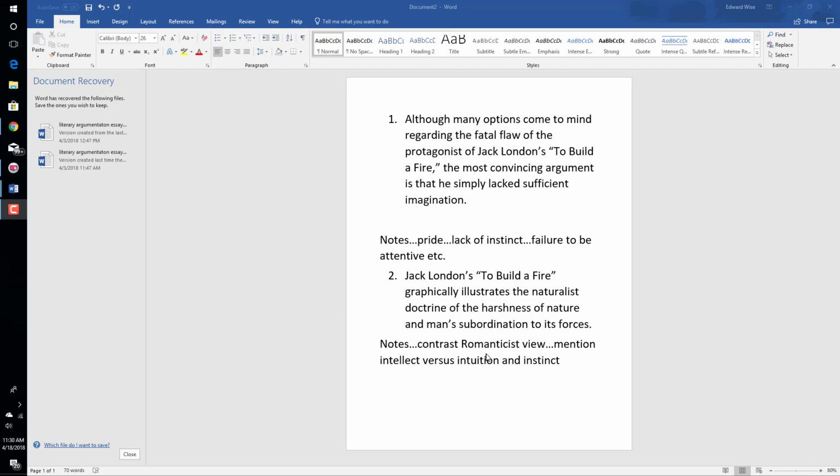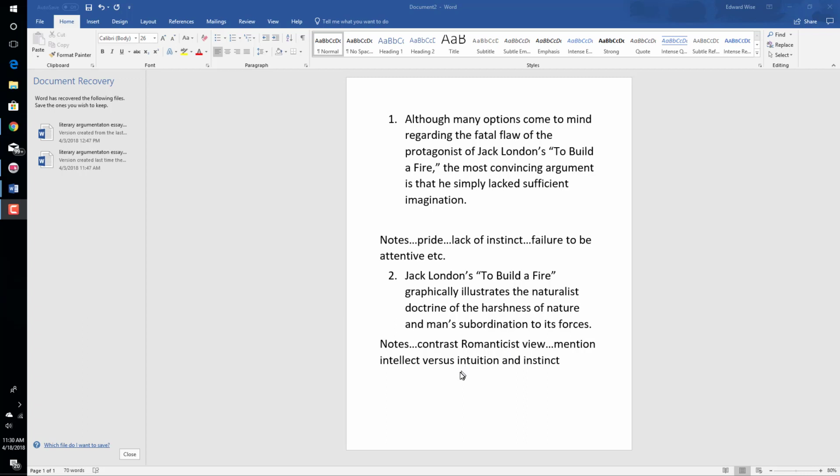And I took some notes here for support for that. I could do a little secondary research into naturalism and certainly contrast it to the romanticist view that nature informs us, it inspires us in many ways. The beauty of nature reflects a very positive relationship that we have with nature.